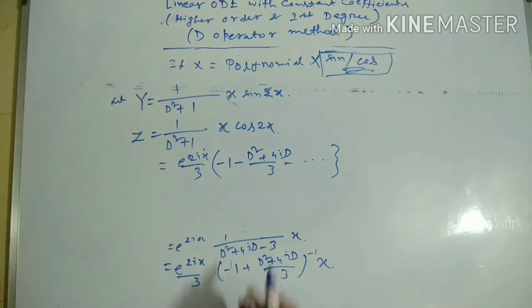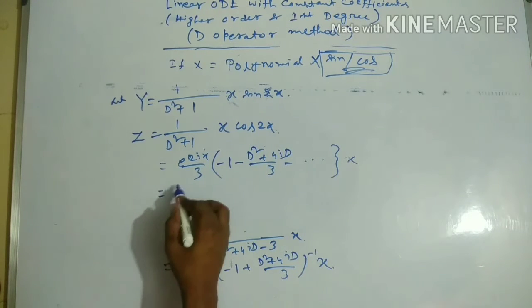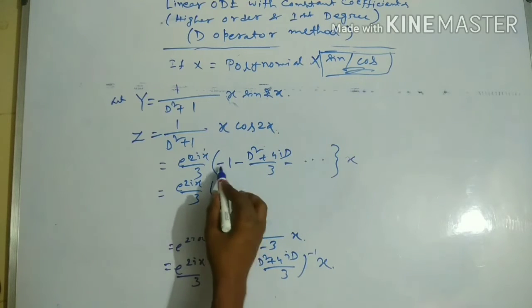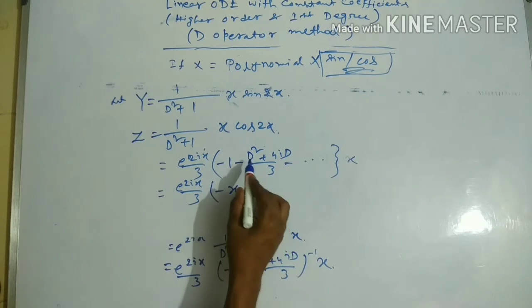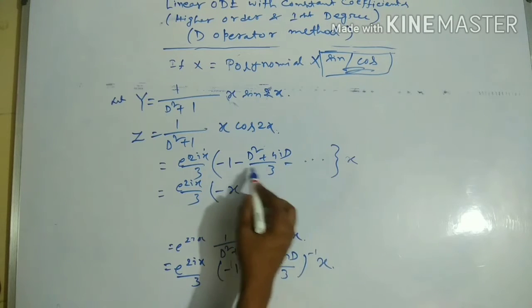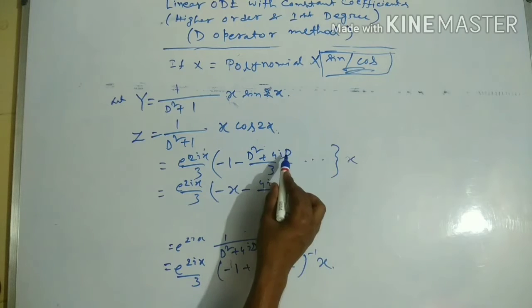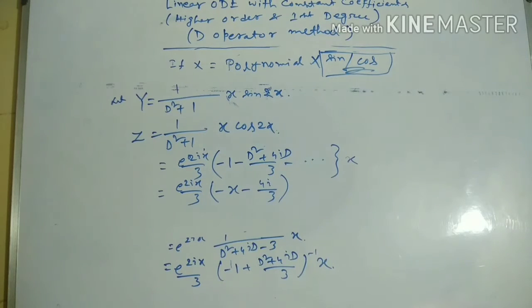I didn't write more terms because the function is x, and it can be differentiated at most once. After that the result will be 0. So this will be e to the power 2ix by 3, minus 1 into x is minus x. Double differentiation of x will be 0, and this will be 4i by 3 into 1, because D of x is 1.